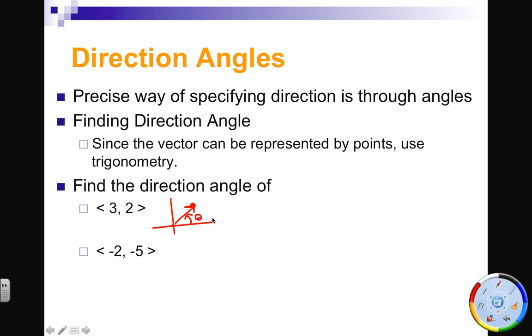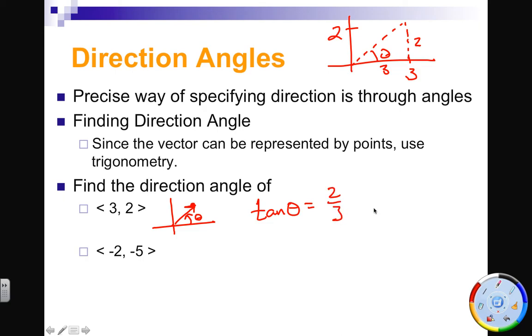If I expand this a little bit, I went out 3 and up 2, and that means I can draw a triangle with side lengths of 3 and 2. Here's theta. That's like our beginning trig. I know that tangent of theta is equal to 2/3, and therefore theta is tan inverse of 2/3.